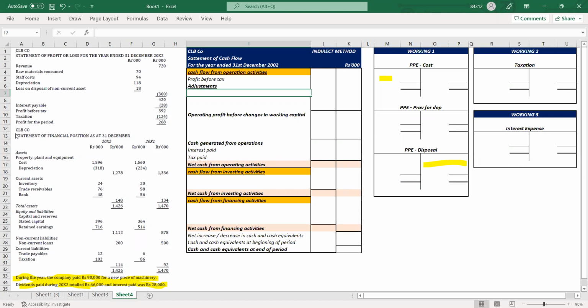Right. So we have the statement of financial position and statement of profit and loss. So first, let's prepare the PPE related adjustments.